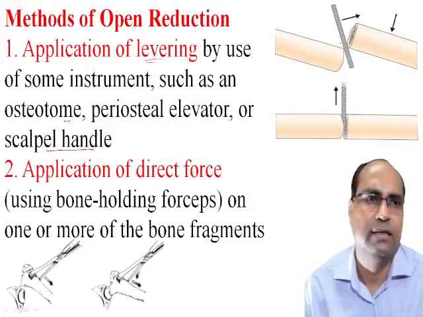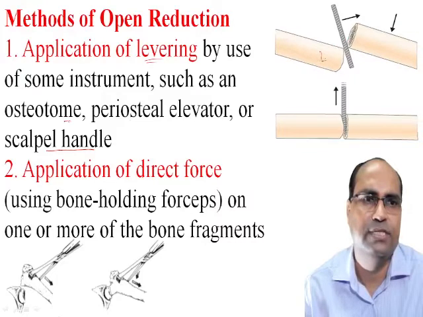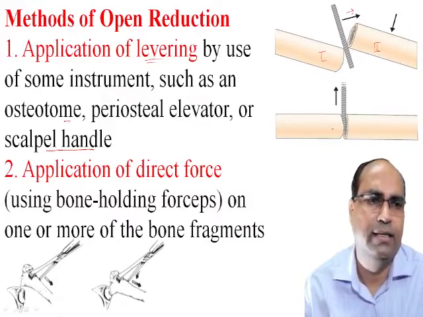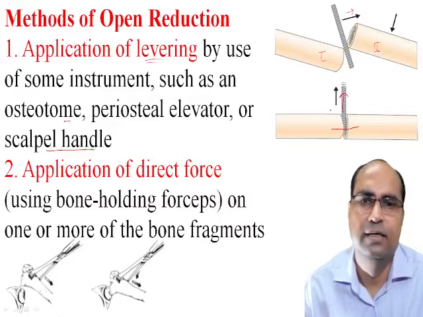In this, the levering device is put between these two bony segments. This is the first segment, this is the second segment. Put the levering device between the two and force in this direction and try to anatomically align the bone. After the anatomical alignment, the levering device is taken out.